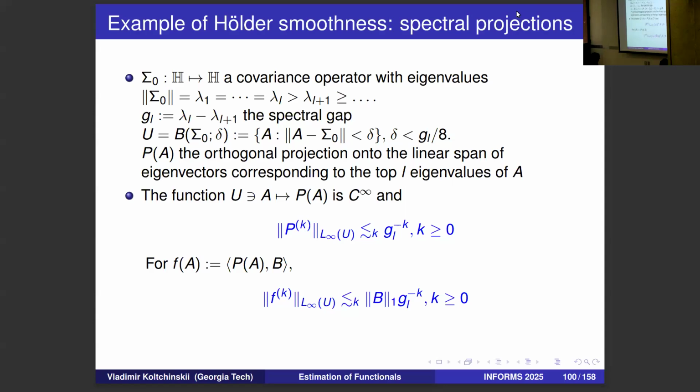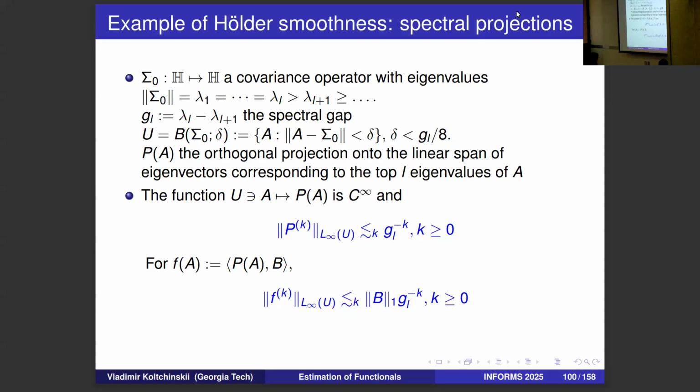If you take a neighborhood of such size, then all operators in this neighborhood will also have top eigenvalues of multiplicity L, and the spectral projection will depend smoothly on A in a neighborhood like this.